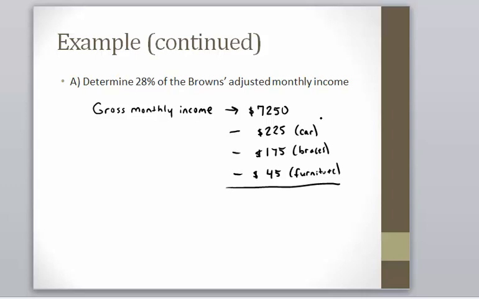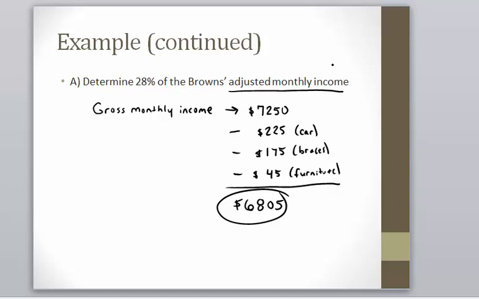When we do that, we're going to get $6,805, which is their adjusted monthly income.